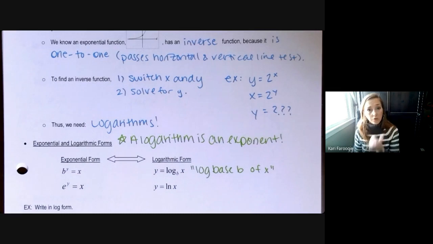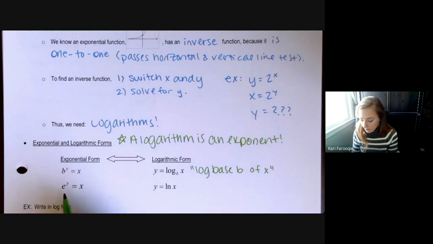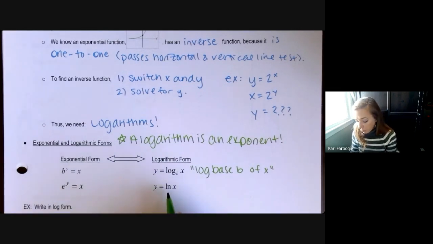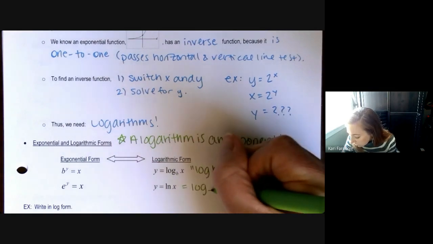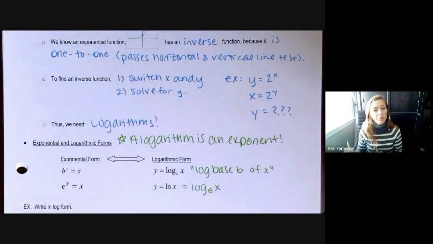Now, if we're looking at that special case where we have an exponential expression and the base is e, we would write this using a natural log. So a natural log is really just log base e of x, but because it's so useful to us in math and because we use it so often, we give it the special name ln x. So the ln is the natural logarithm.